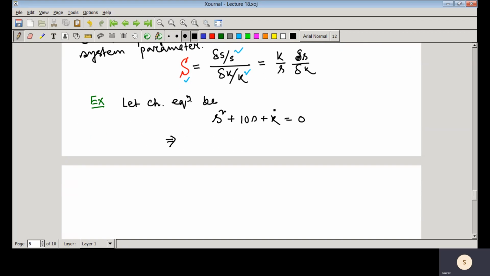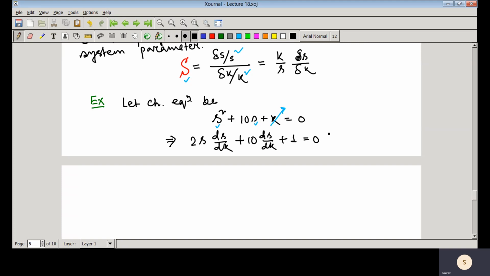Here you can understand that whenever this K varies, then those S, that means the roots, are a function of K. So we can take the derivative of S with respect to K. Then we get 2s dS by dK plus 10 dS by dK plus 1 equals 0.